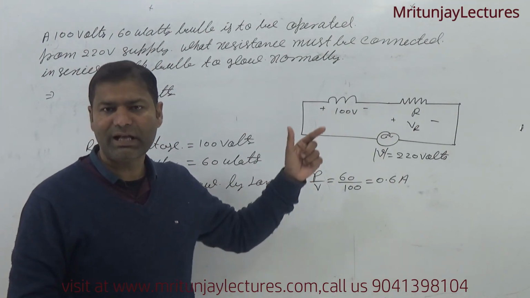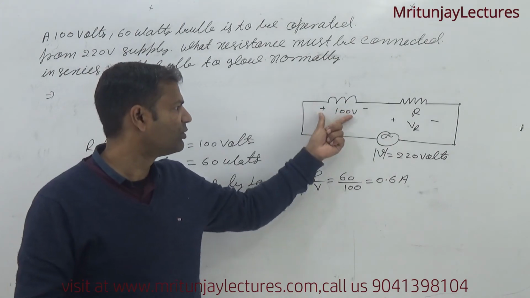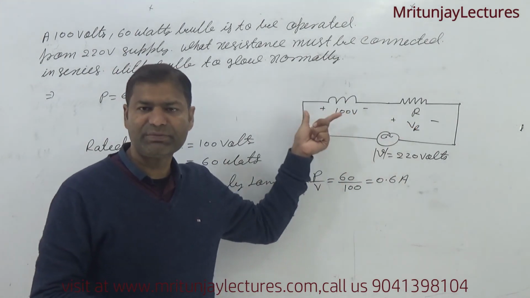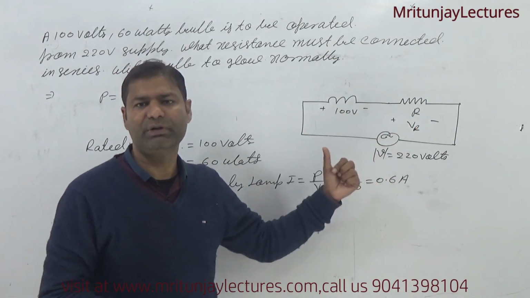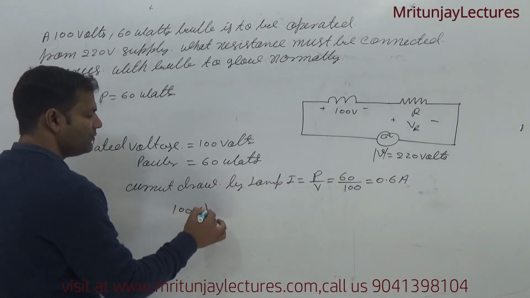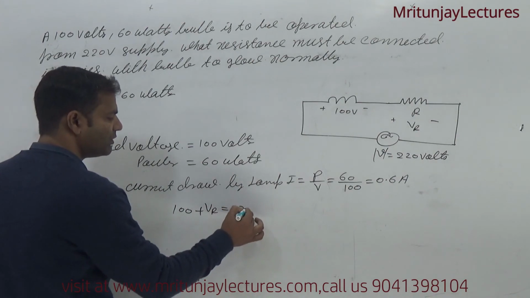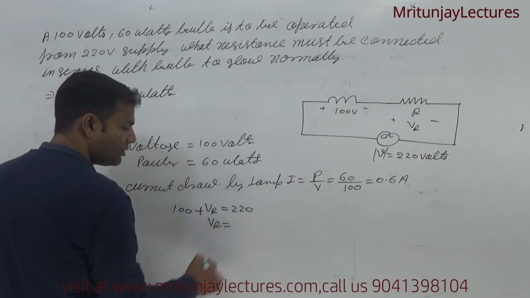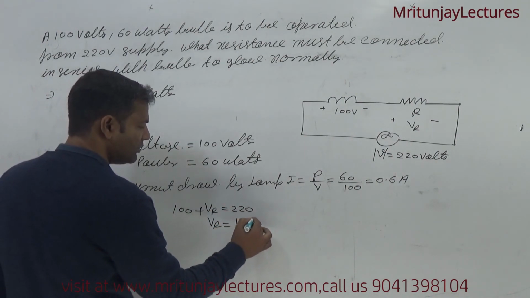The algebraic sum of this voltage plus this voltage is equal to the applied voltage. So 100 plus VR equals 220, so VR equals 120 volt. Clear or not?